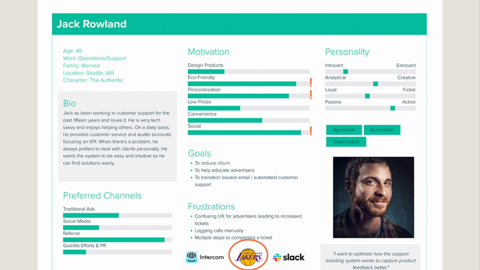But they're also including things like motivations in terms of being eco-friendly or how social they are or their favorite sports teams. These are things that aren't relevant to the design challenge. So if we're designing an advertising platform or a ticketing platform, we only need to include the things that are relevant for that task.